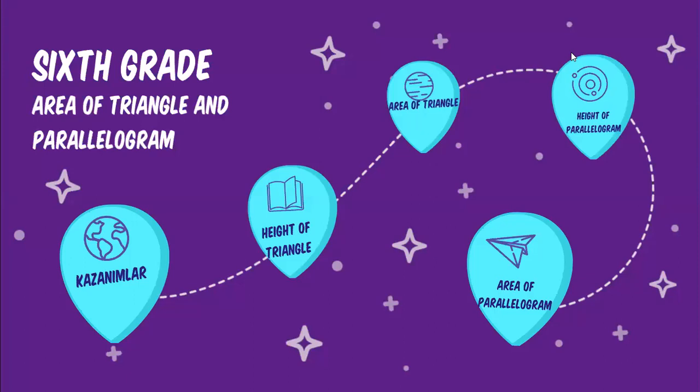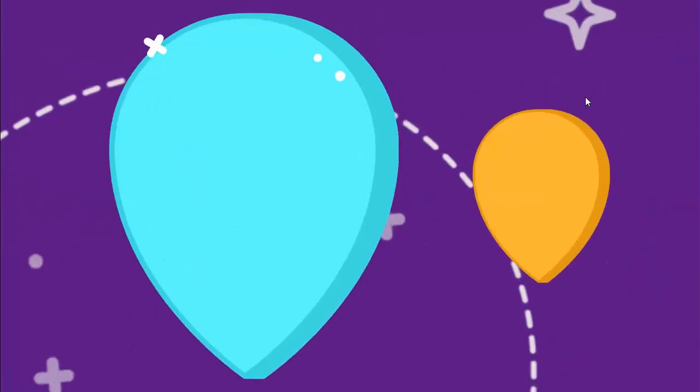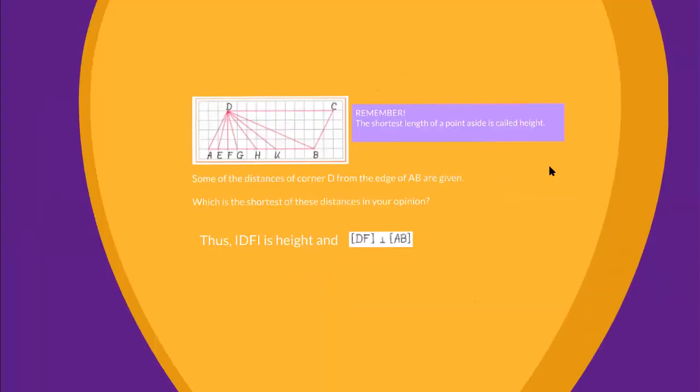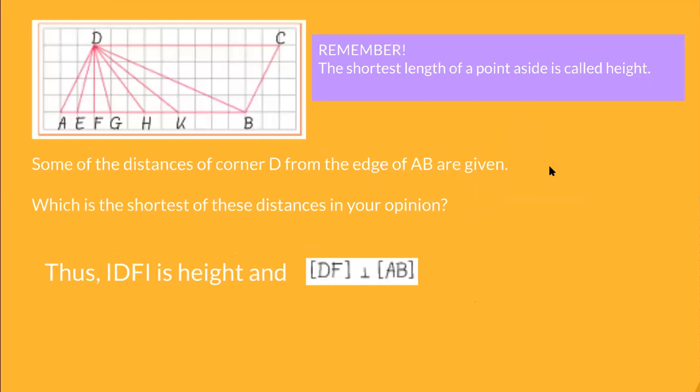Okay. Our next step is the height of parallelogram. We can look at the height of parallelogram before moving to the area of parallelogram. Remember, the shortest length from a point to a side is called height. Just a bit ago, you learned it. Some of the distances of corner D from the edge AB are given.